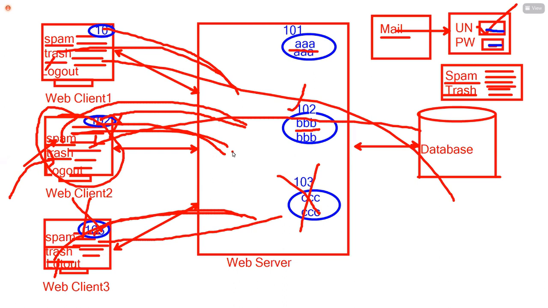Then the triple B inbox, your mailbox, is displayed there. But actually, you forgot to log out. Another person is using it, but the server doesn't know whether another person or you are using it. But an already running session is there, no? That number comes. With that number, it will understand this is a request by the triple B user. Then it will send to the triple B user. Then other people can see your mailbox.